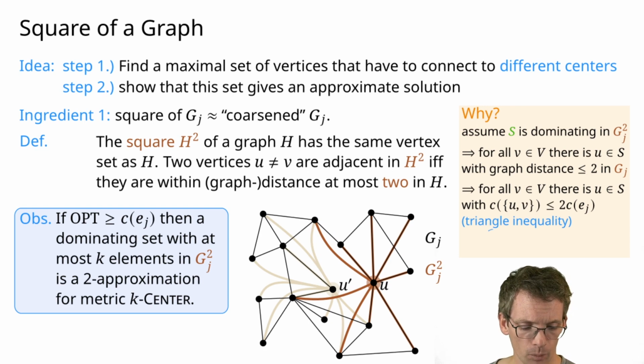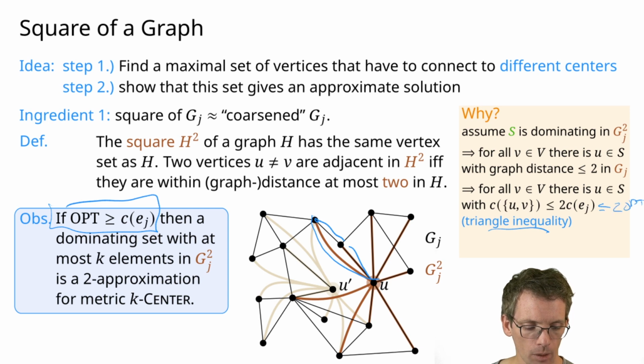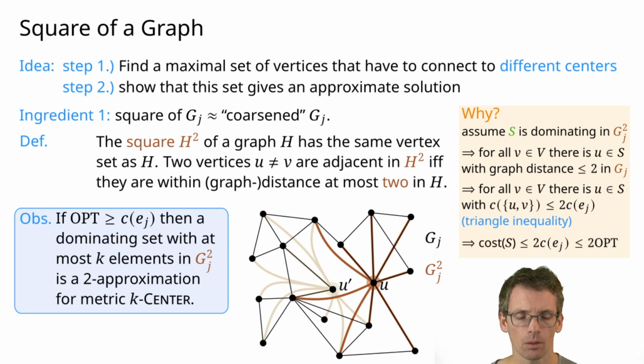So this follows from triangle inequality that in the original graph this edge has to have a cost smaller or equal to this plus that cost. And now we put in this assumption, so we were assuming opt is larger or equal to Cej, so I can write here smaller or equal to 2 times opt, and this is already what I needed for this observation.